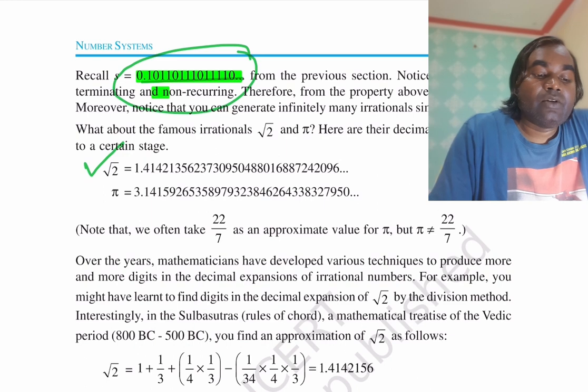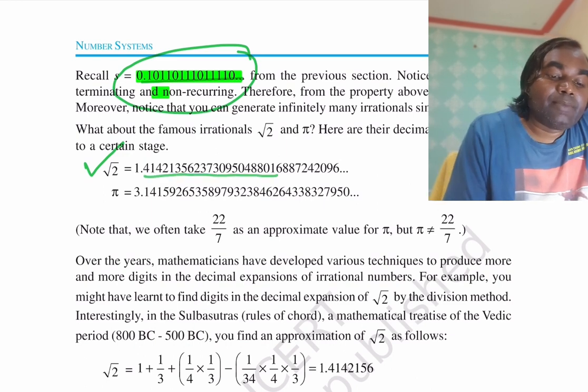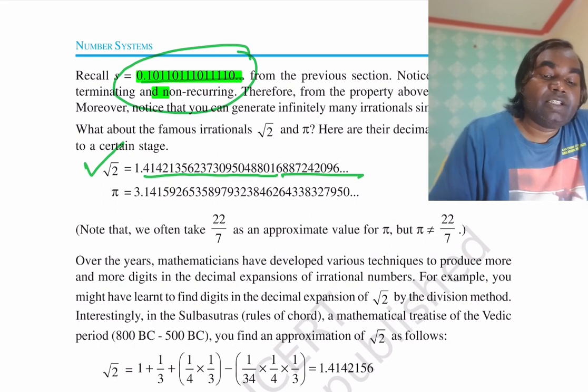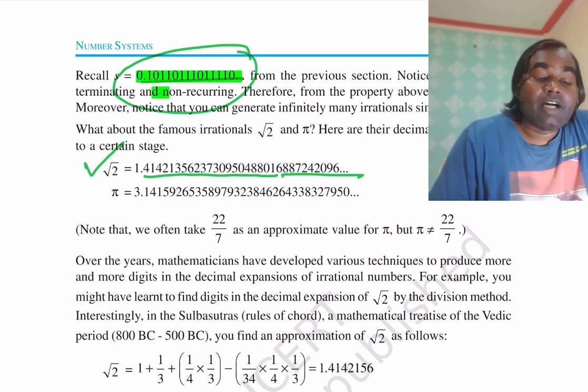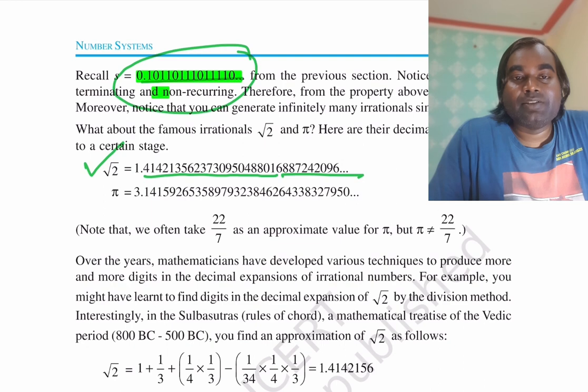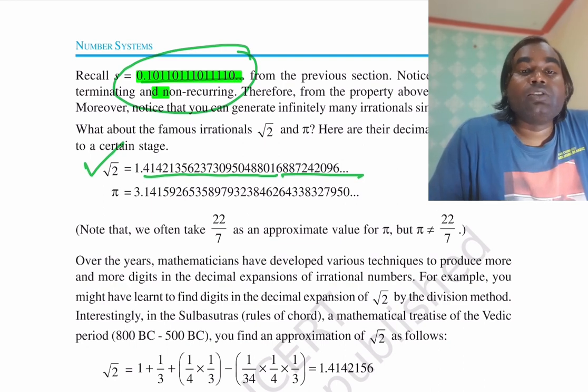Similarly, square root 2, there is no certain pattern of repetition. Every time you are getting a different digit. Of course, you are getting digits from 0 to 9, but there is no pattern of repetition.